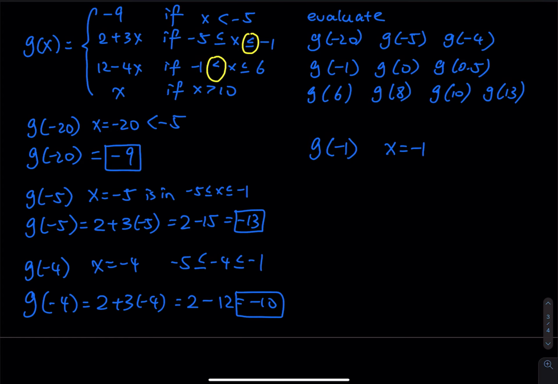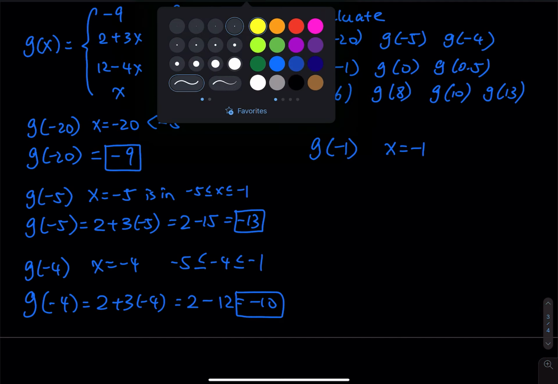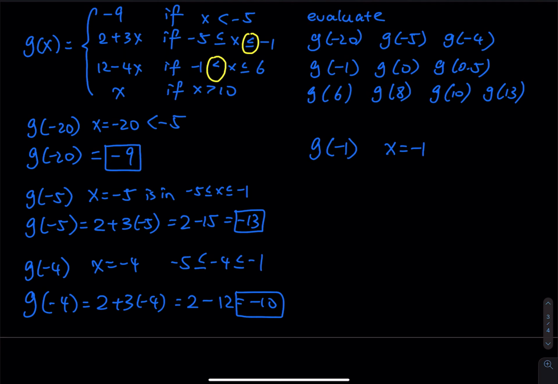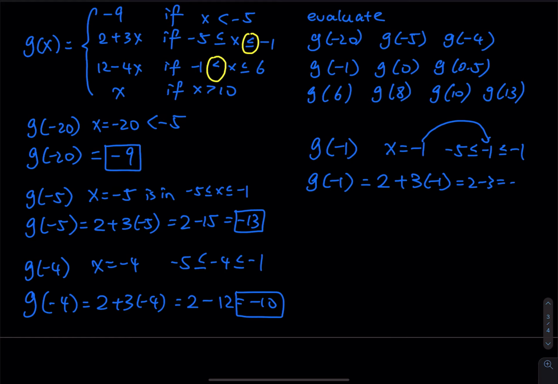So just keep that as a less than. Then this goes to which inequality? The second one, negative 5 less than or equal to negative 1, and then negative 1 less than negative 1... so we take the second piece, then g of negative 1 is equal to 2 plus 3 times negative 1, that is 2 minus 3, we get negative 1.